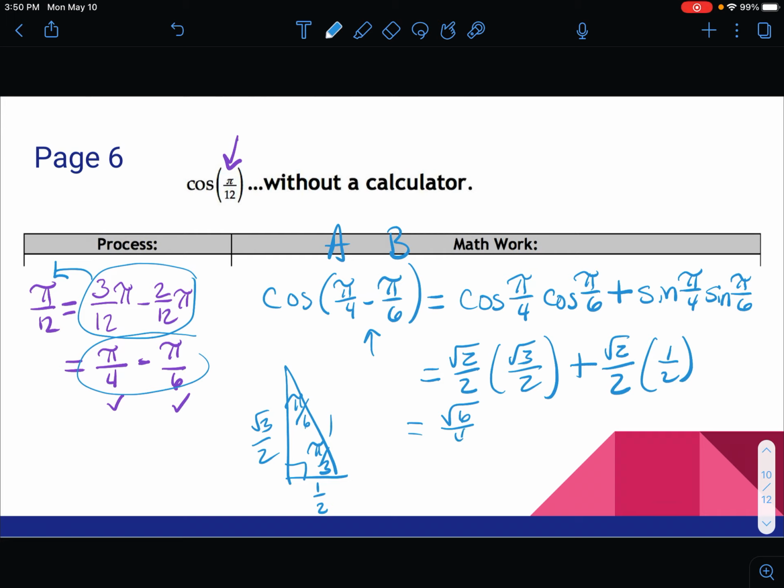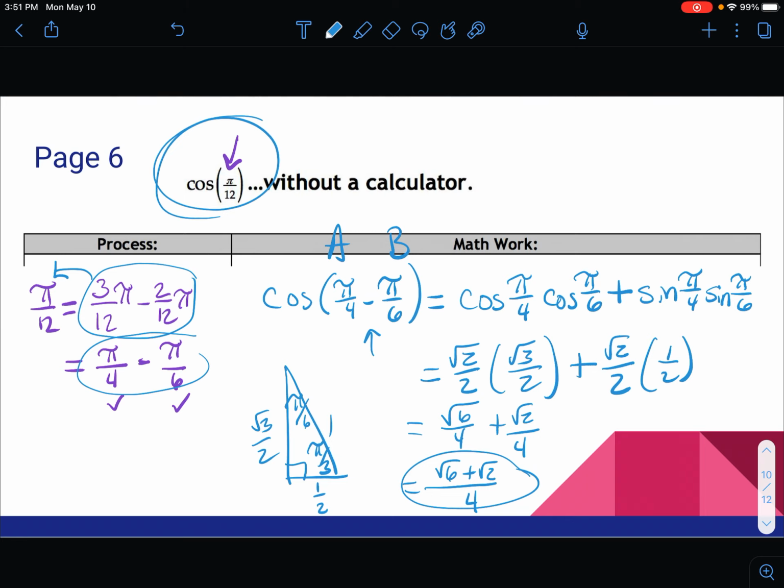So we get radical 6 over 4 plus radical 2 over 4, and we combine the fractions: radical 6 plus radical 2 over 4. And that's our exact answer. So you might start with something like this and say, oh, I don't know, I can get a decimal approximation, because I could still type that in the calculator. But if we want an exact answer, these identities are the way to do it.